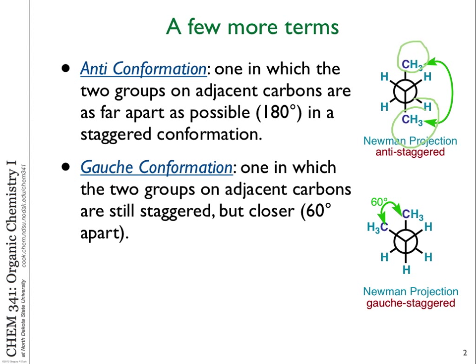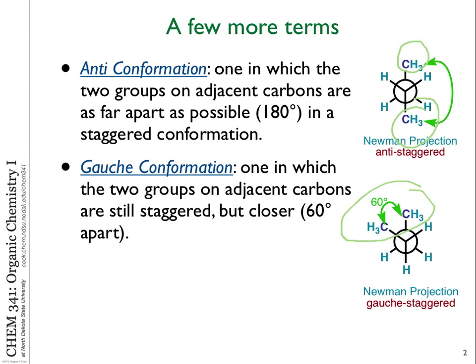So here in this anti position, as you rotate the carbons relative to each other, they can come closer together. There are a lot of terms that you should be familiar with that we've talked about along the way. Anti, gauche, staggered, eclipsed. If you're still not sure what those terms mean, you should study those.